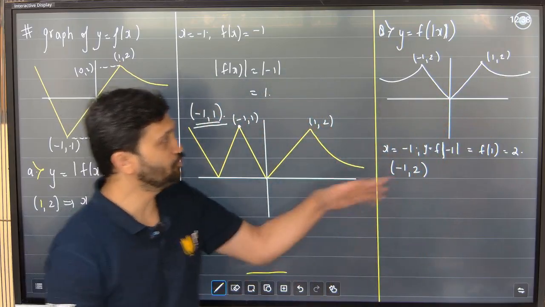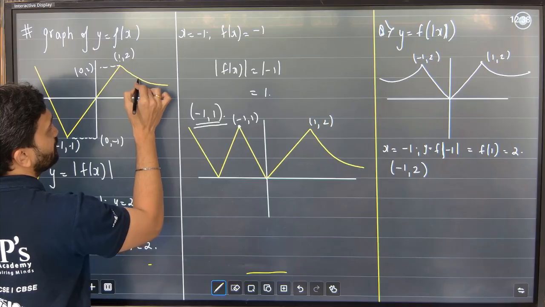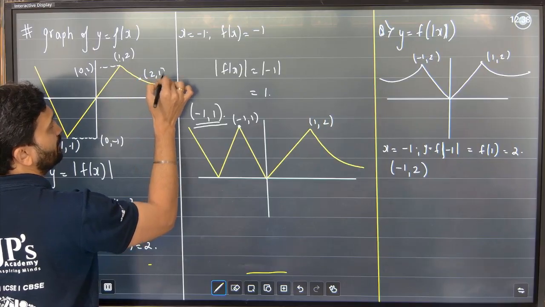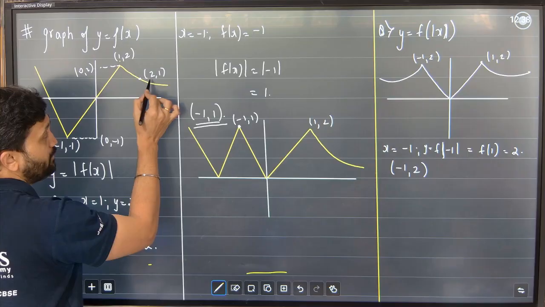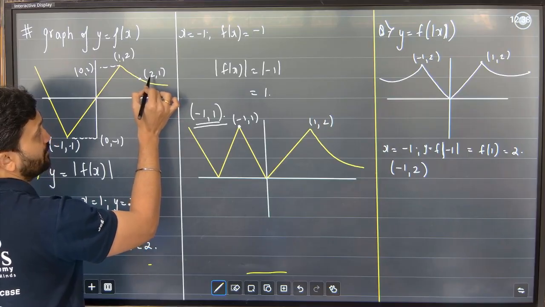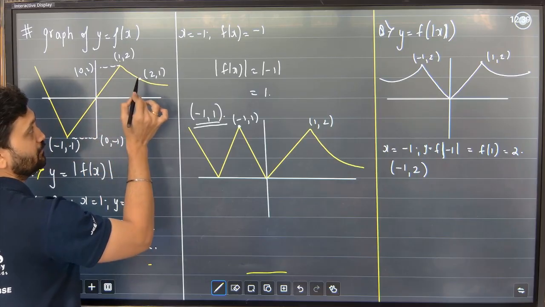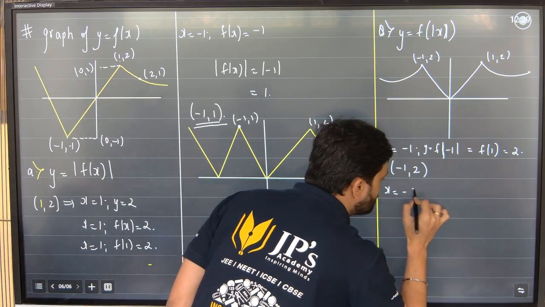Now understand, let's take a random point. Imagine this point is 2, 1. I'm just giving a random sum, 2, 1 if I've taken this point. If this point is 2, 1, now its exact opposite will be -2, 1. Now let's imagine if I take x as -2.